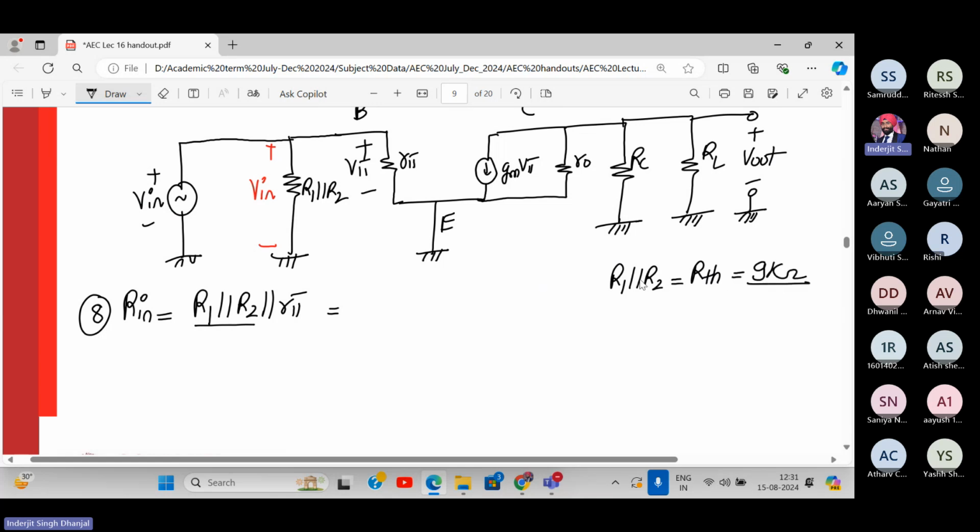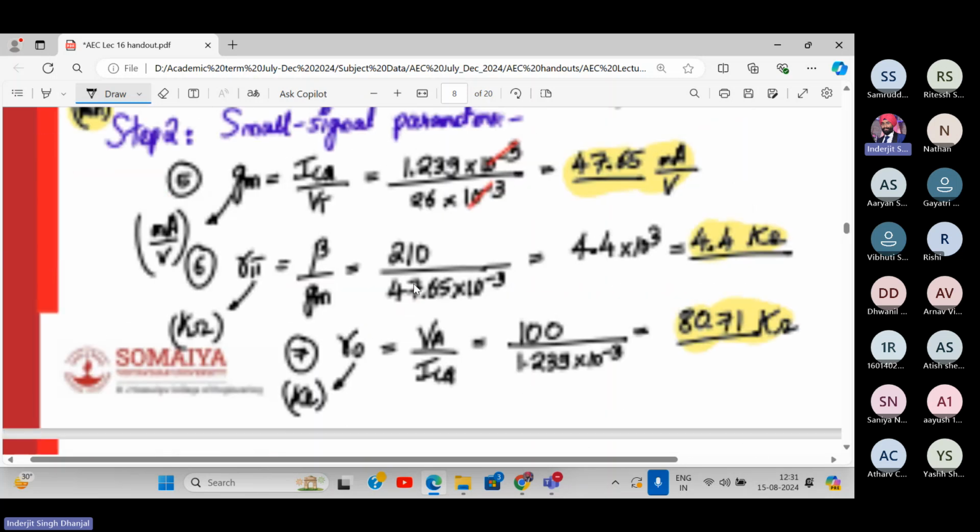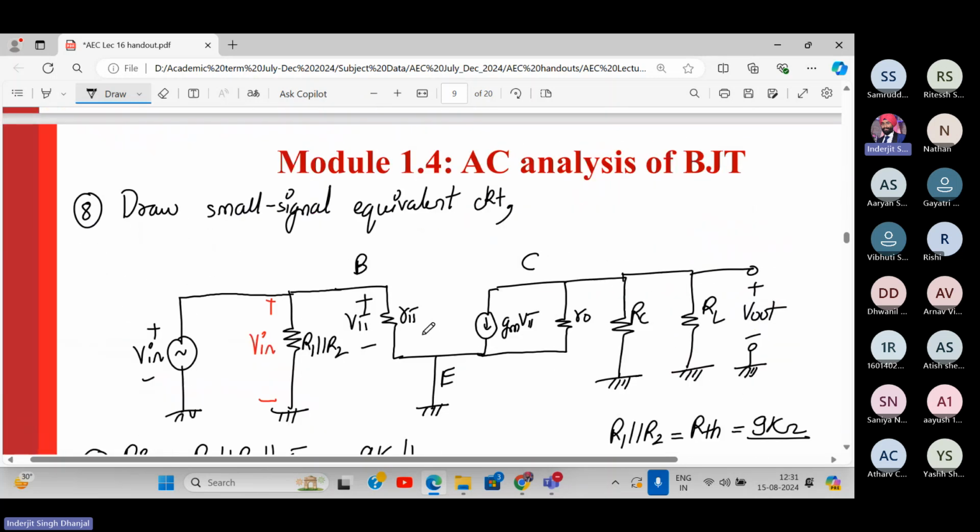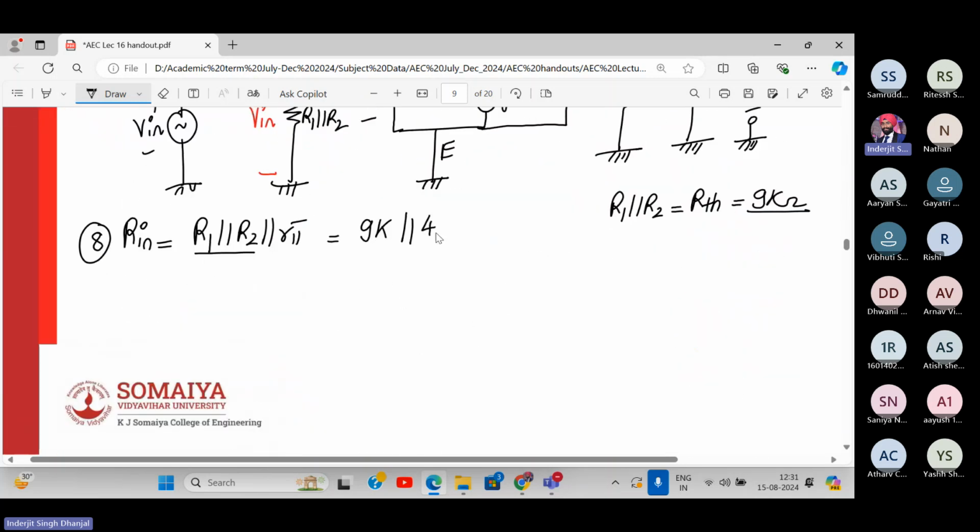So we have to do 9 kilo ohm parallel to R pi, which is 4.4 kilo ohm. So give me the answer of 4.4 parallel to 9 kilo ohm. Is it 2.95? Just check. Yes, 2.95.